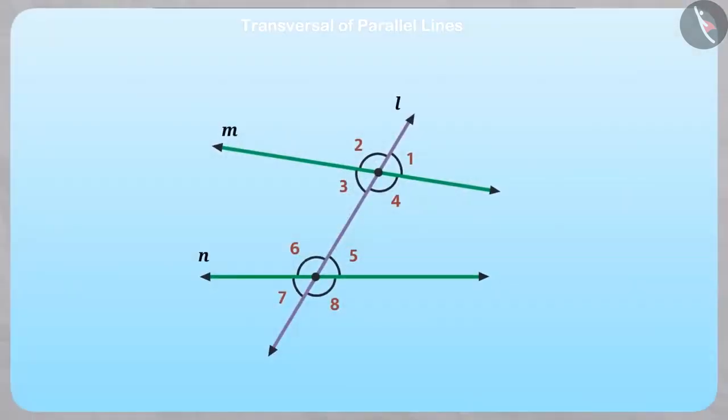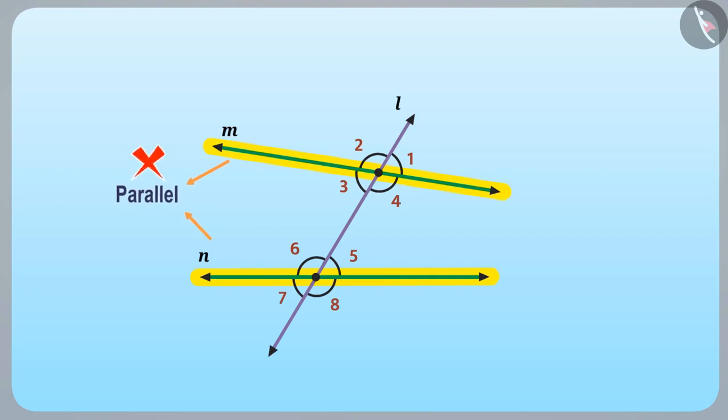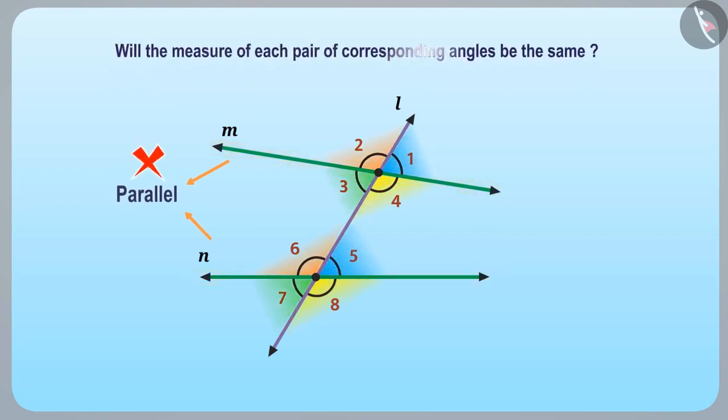Now, look at this figure, which shows two lines and their transversal. But here, the two lines are not parallel. Would the measure of each pair of corresponding angles be the same? Even in this case, we can think. Let's find out.